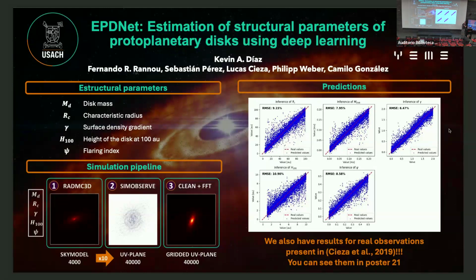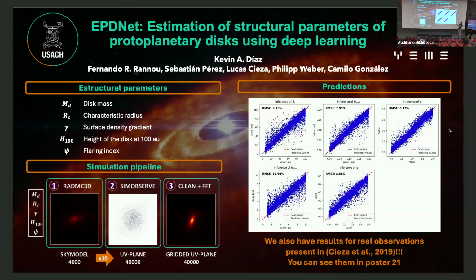I am working on this project called EPDNet, Estimation of Structural Parameters of Protoplanetary Disks using deep learning. The goal of this project is to estimate 5 key properties of protoplanetary disks that describe their density structure using convolutional neural networks instead of a slower method like Markov-Chain Monte Carlo or MCMC.